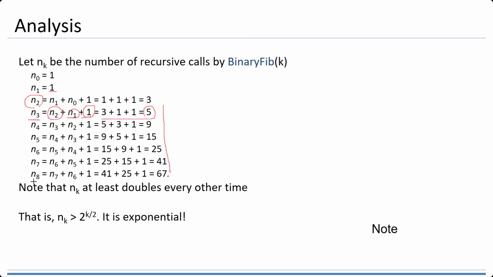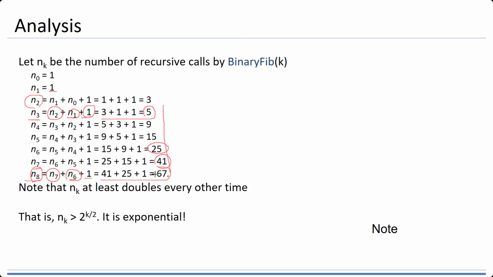Let's say now we are at n8, where k equals 8. That means I'm going to check n7 and then n6. For n7, we have 41 operations, and for n6, we have 25 operations, plus its current operation.